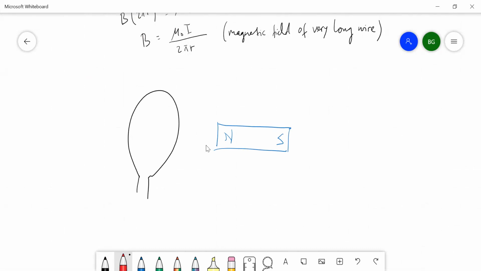The magnetic field is outward like this, and this is inward.